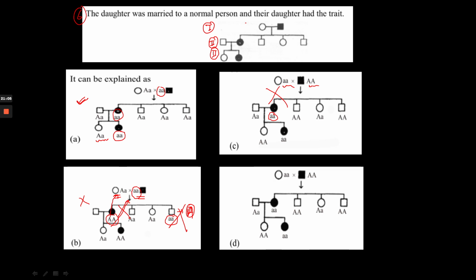And option D shows again a recessive condition and a homozygous dominant condition, and again the girl child has the recessive condition but is showing the disease. So this one is also wrong, right? So your correct option will be option A.